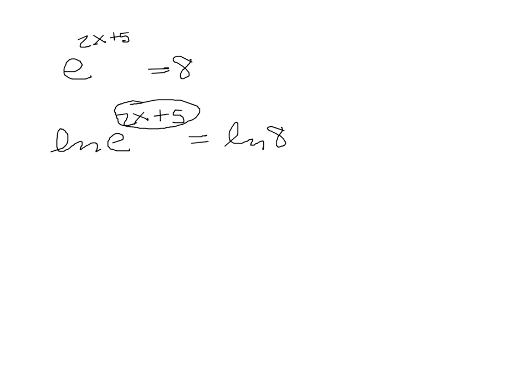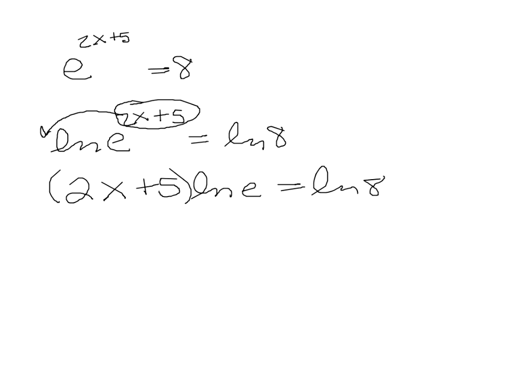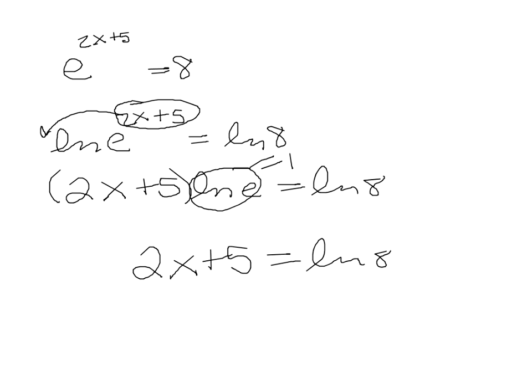This whole exponent is going to come down in front, and it's going to be in parentheses. 2x plus 5 in parentheses ln of e equals ln of 8. So ln of e equals 1. So now I can drop off the parentheses since it's times 1. Okay, so this is just a number. It's a number, I can put it in my calculator and get a decimal approximation.